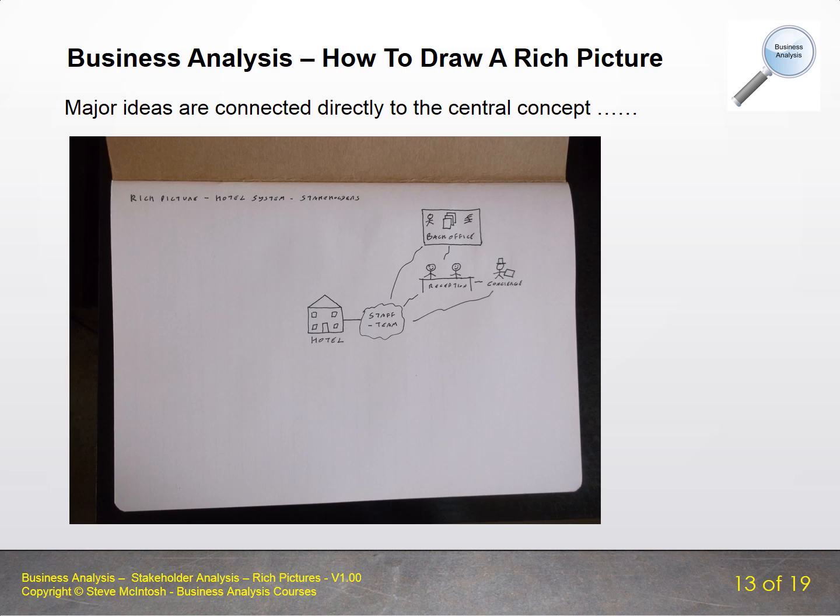So taking the group of stakeholders, staff first. Imagine that discussions with end users have shown that there are three main groups within the staff. There's the back office shown at the top, responsible for general administration and finance.